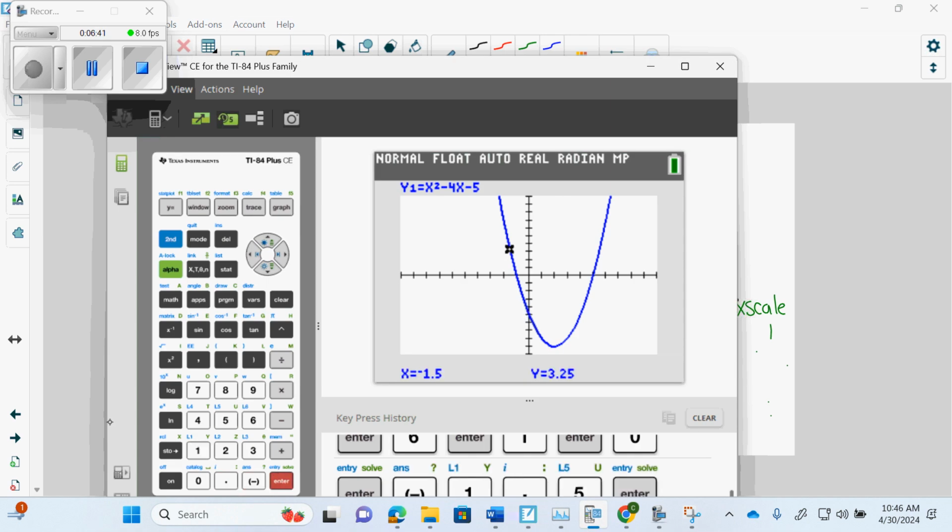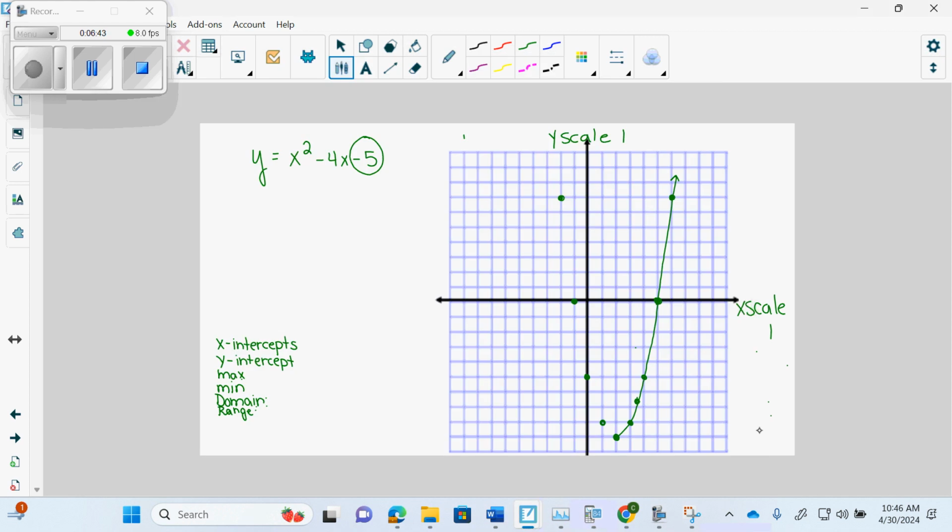And 3.25. And then I get another coordinate in there, right? There's no reason to have lack of coordinates because your calculator does it for you, right? It's not like it's extra math.